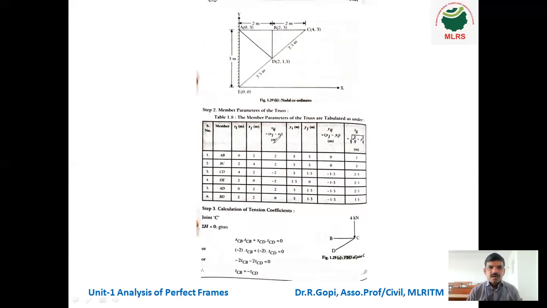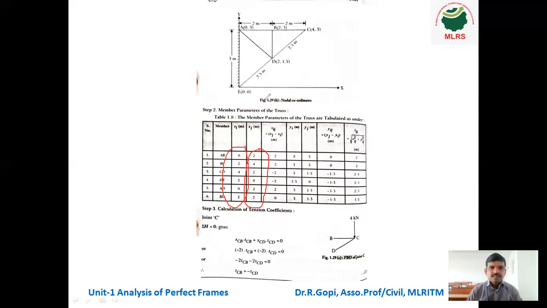Now we have to calculate the x-axis length. What is the formula? Xj minus Xi. Subtract Xi from Xj.